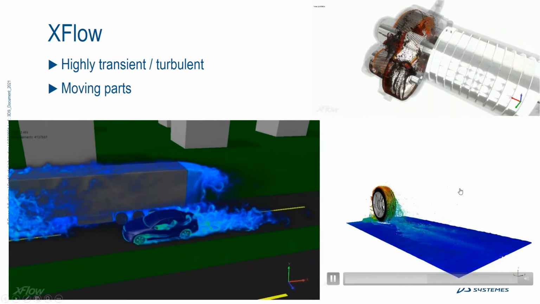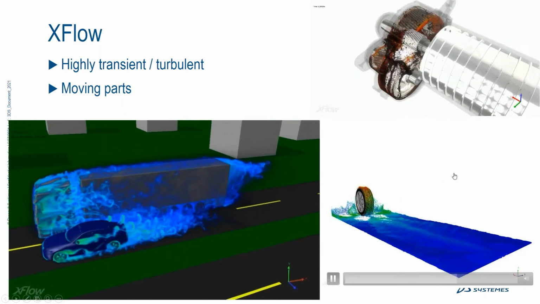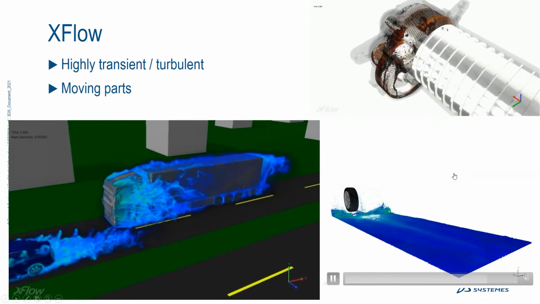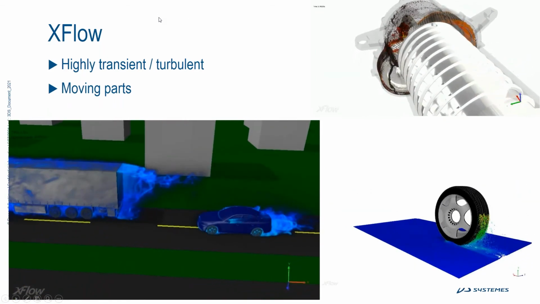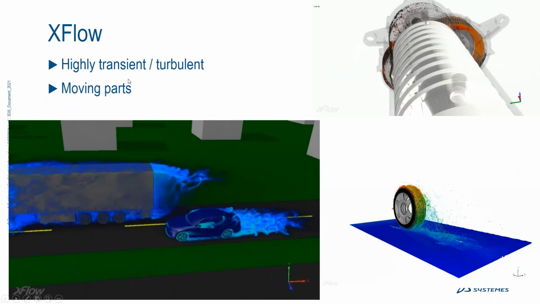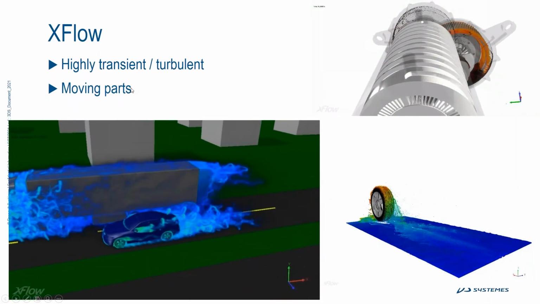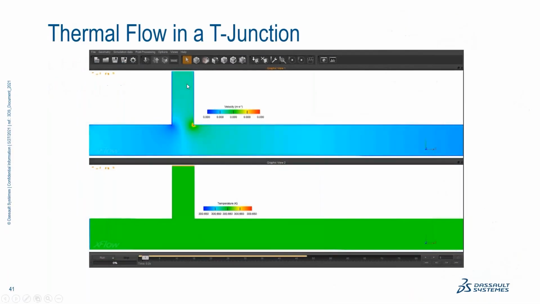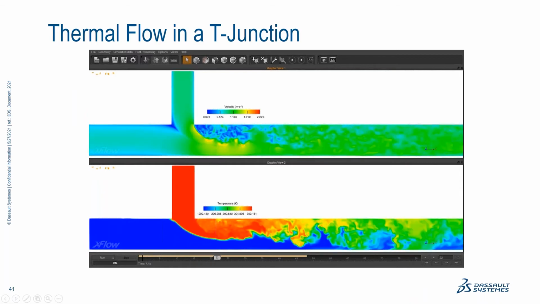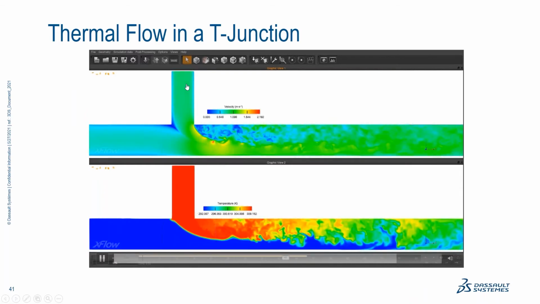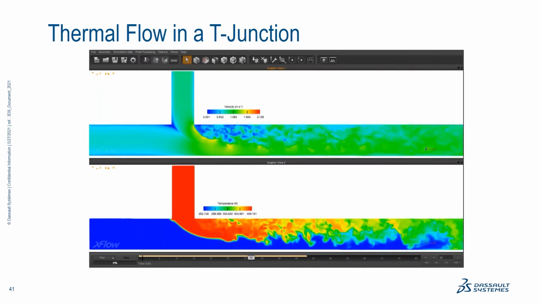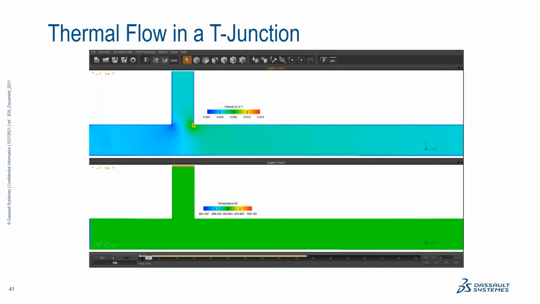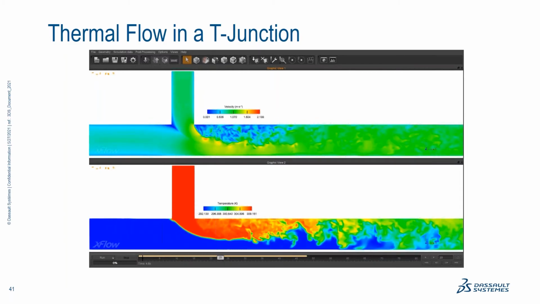And here the tire rotating on a wet surface. Again, from XFlow, what you need to remember is highly transient turbulent flows and moving parts at this point. And with this one here, again, my last slide, thermal flow in a T-junction that was run in XFlow.